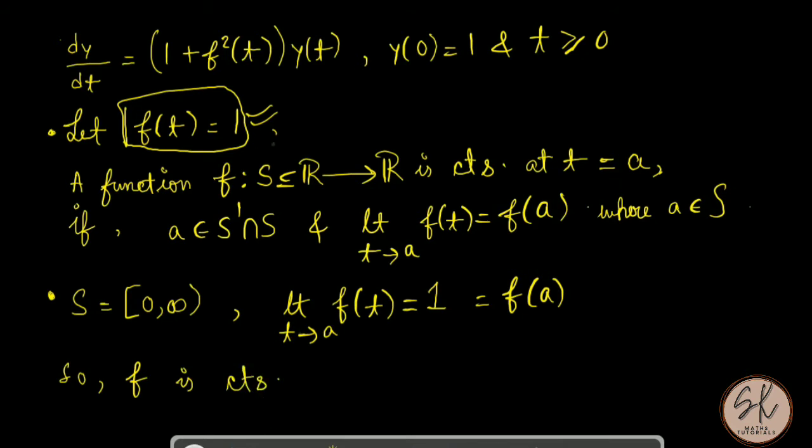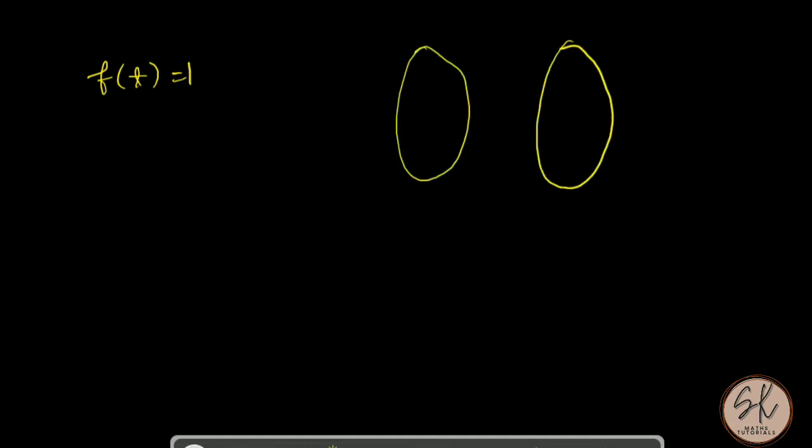Now let us show that this is also bounded. For f of t is equal to 1, if this is the domain and this is the codomain, then for any value from the domain we will have just one value in the codomain, which means the range is just 1. Our domain is 0 to infinity, and for any value from this interval we will have the image as 1 only.